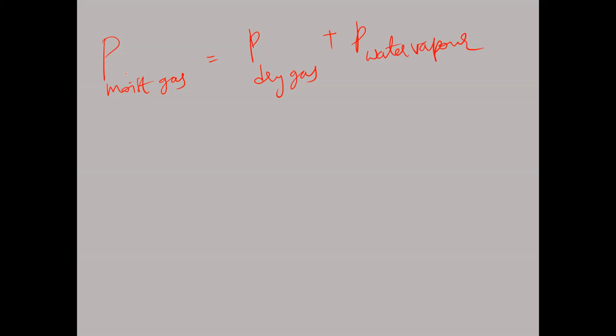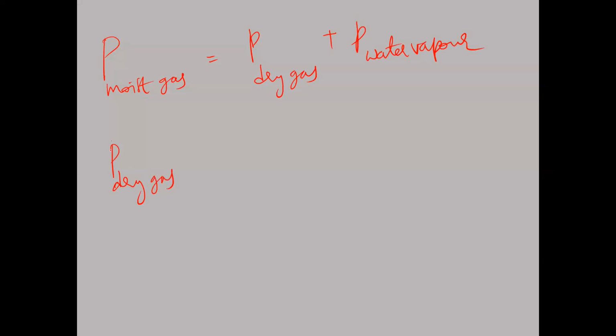Now, pressure of moist gas is equal to the partial pressure of dry gas plus the partial pressure of water vapor. Now this is moist gas. In exams, generally they ask you the pressure of dry gas.